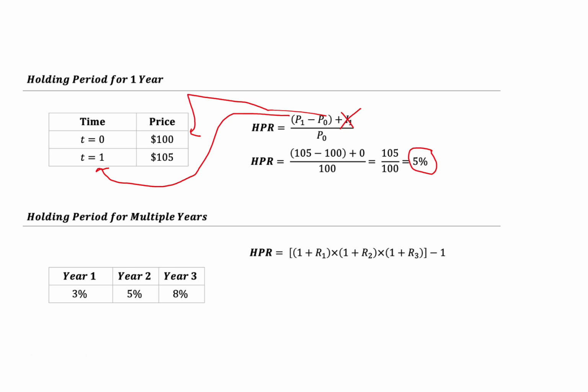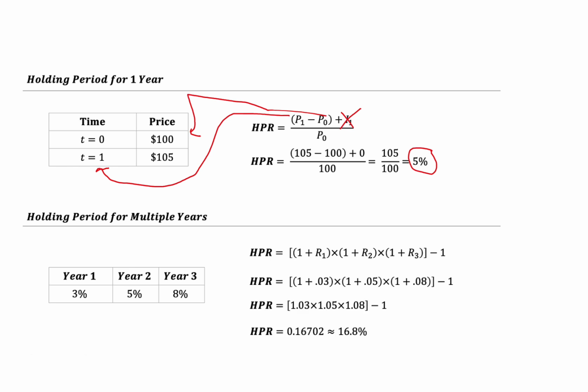I could plug in this formula here, which is the holding period return for multiple years. And I would just plug in my return percentages, and then I would solve for that, which would get me a value of 16.8%. So that is typically what we call the holding period rate of return.